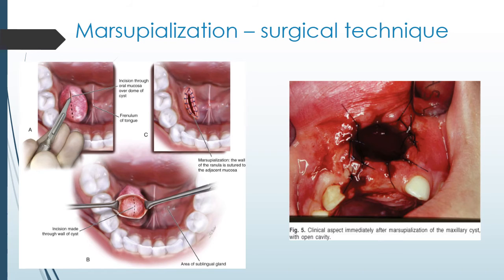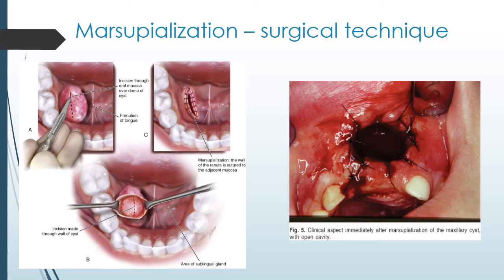Technique of marsupialization. First of all, a standard mucoperiosteal flap is raised after giving a local anesthesia. Second, the soft tissue is elevated, exposing the cyst. After exposing the cyst, an incision like a cross is then made in the cavity lining of the cyst, and the four triangular flaps are turned outward and sutured to the surrounding soft tissue.